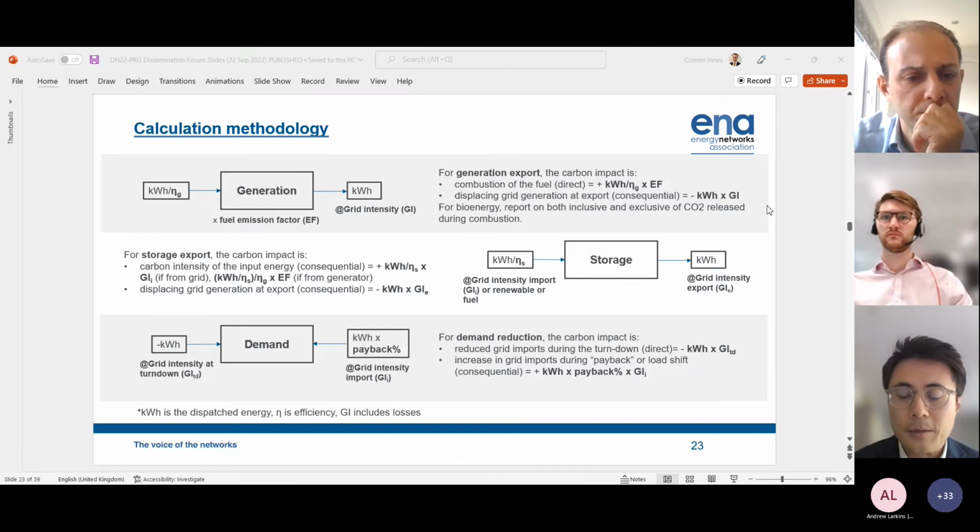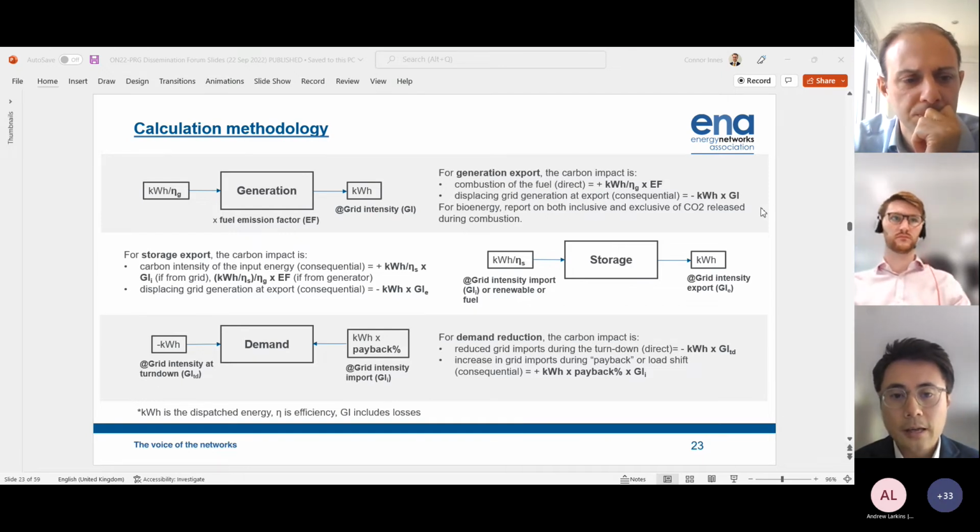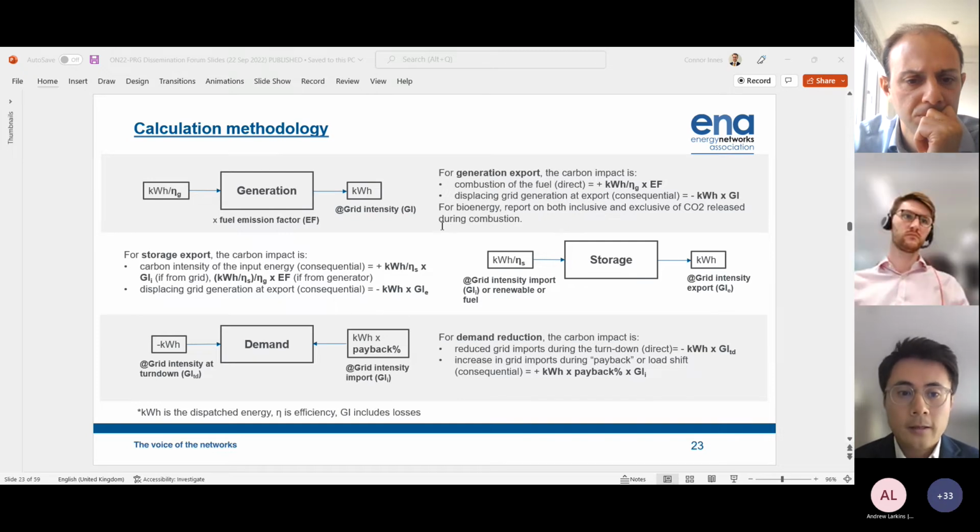And the second carbon impact is the consequential, as I mentioned. That is displacing grid generation when you export the electricity. So that takes the energy exported multiplied by the grid intensity, and it's negative because it's displacing that generation, and the net effect is the summation of the two.